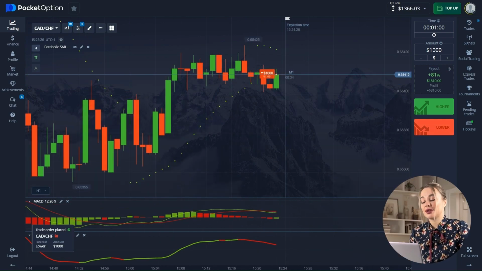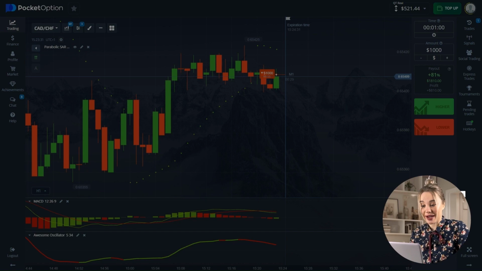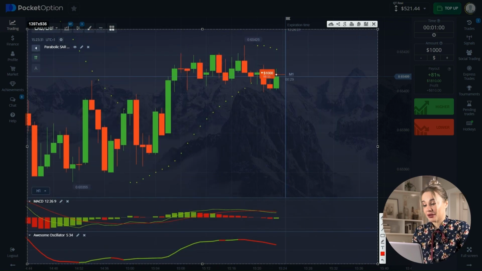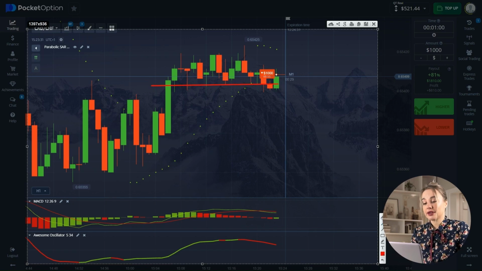Now there is a good opportunity for an option on decrease in the exchange rate of the Canadian dollar Swiss franc currency pair. The chart is currently trying to break the support level, which is at this price value. Now it's bounced off the level due to very low volatility, and we see this from the MACD columns.